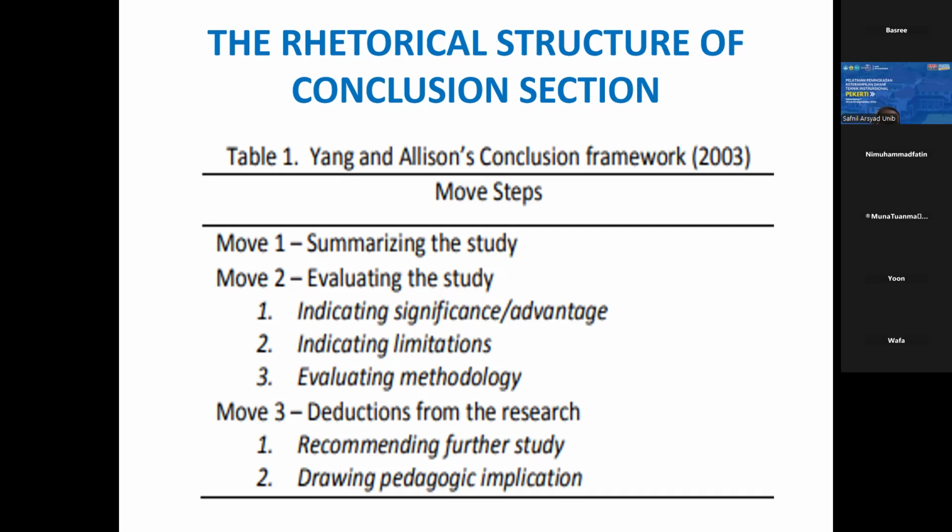So the conclusion section is not long. Don't write a long conclusion section. The proportion of this conclusion section is only 5% of the whole article. Yeah. If your article is about 6,000 words, then your conclusion is only 5% of 6,000 words, which is about 300 words.